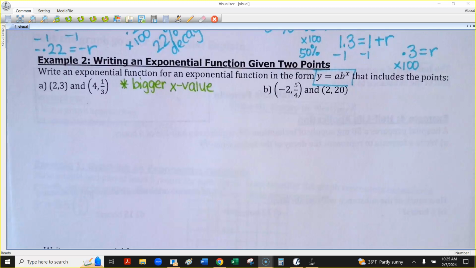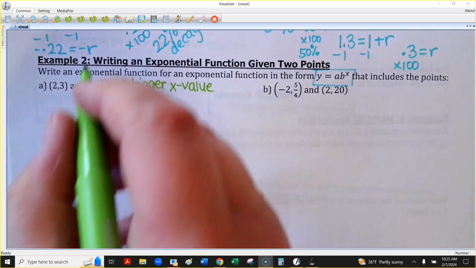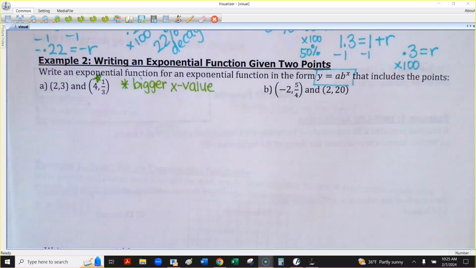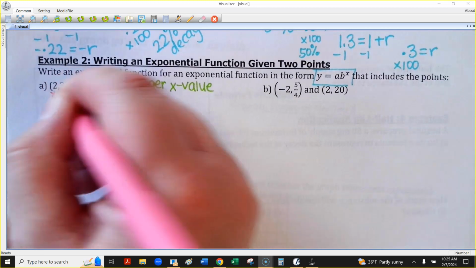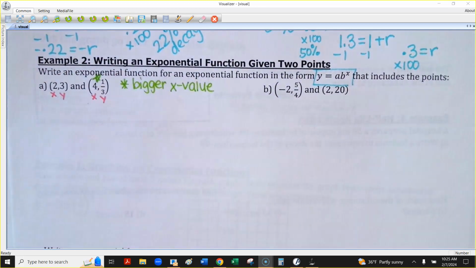So they're going to give you 2 points. We're going to write an exponential function from this, in the form y equals ab to the x. Whichever one has the bigger x value, start with that point. So for my little example here, that's the 4 and the 1/3. That's a bigger x value. We're going to write 2 equations, like a little system. In place of the x and y in that general form of the exponential, we're going to write the points.